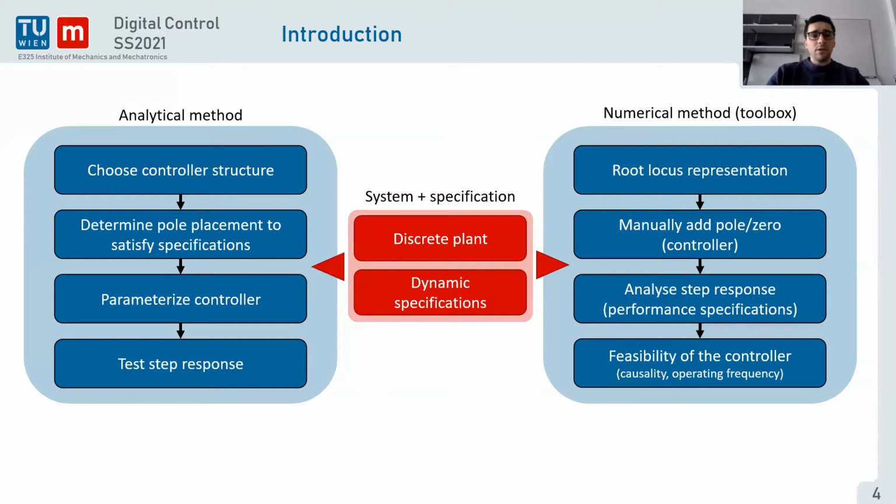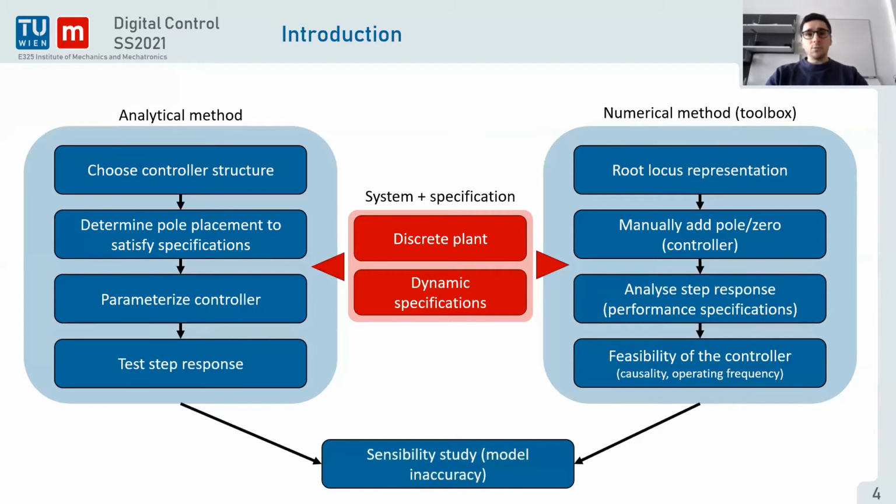The analytical method is quite nice and handy when the system is not really complex, or where the controller has only a limited number of parameters. But sometimes the problem is much more difficult because the controller can have, for example, 10 parameters. And so this numerical tool, Matlab, can be quite helpful in this situation.